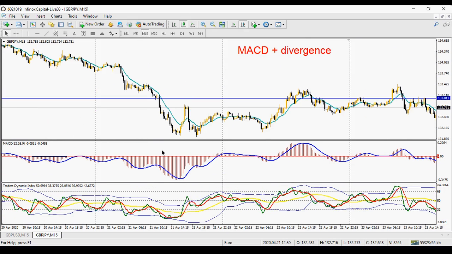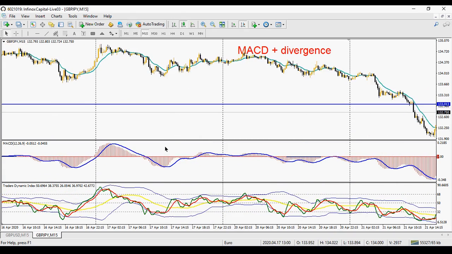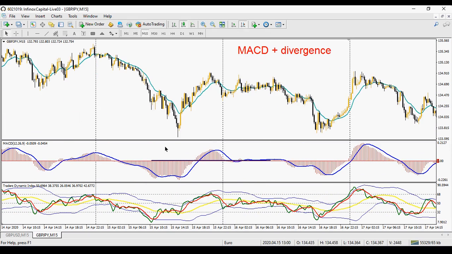They just prefer to do it their own way. This divergence also, same thing. You might get this divergence here, this divergence here. Here MACD did not give you divergence. MACD did not spot a divergence here.